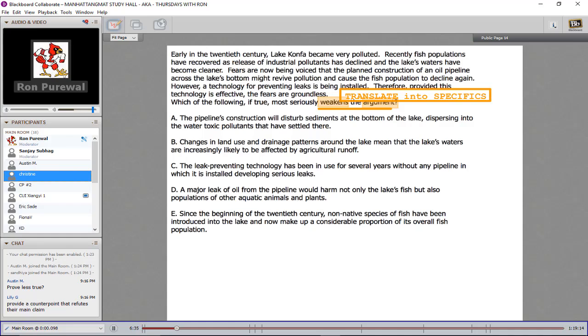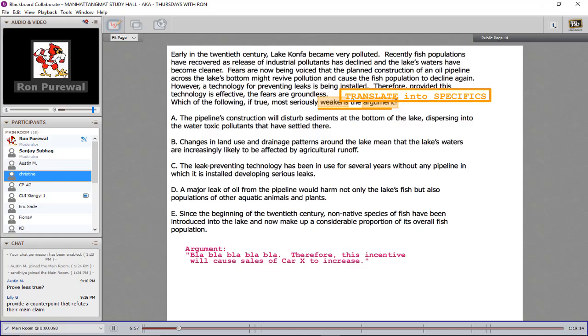Looking for actual specifics. Like if the argument was something like blah, blah, blah, therefore this incentive will cause sales of car X to increase.